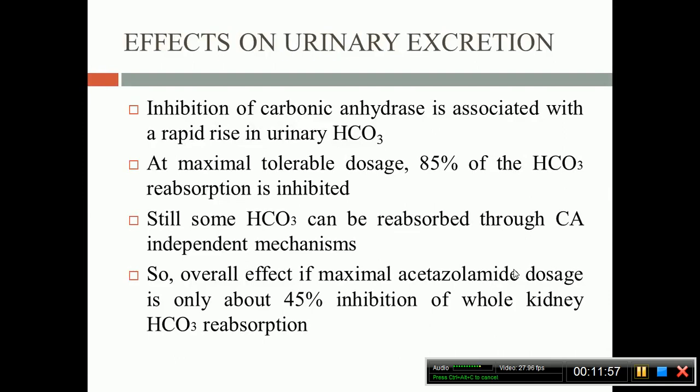So inhibition of carbonic anhydrase is associated with a rapid rise in urinary bicarbonate ion. So bicarbonate ion will be present in the urine lumen. At maximum tolerable dosage, 85% of bicarbonate reabsorption is inhibited.